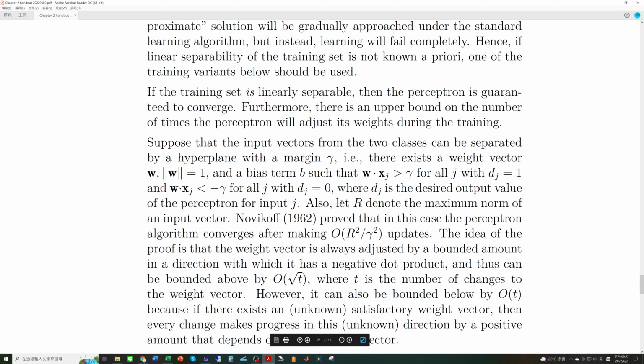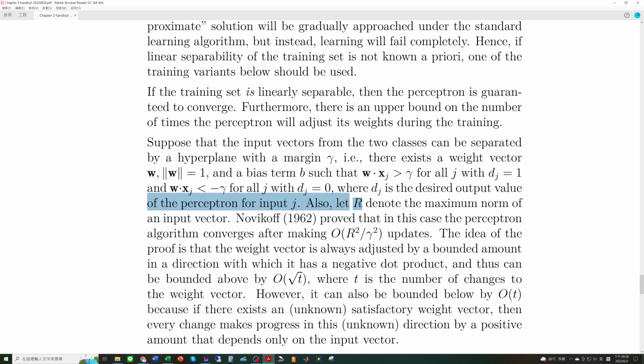And W dot Xj is smaller than negative gamma for all j with dj equal to 0, where dj is the desired output value of the perceptron for input j.